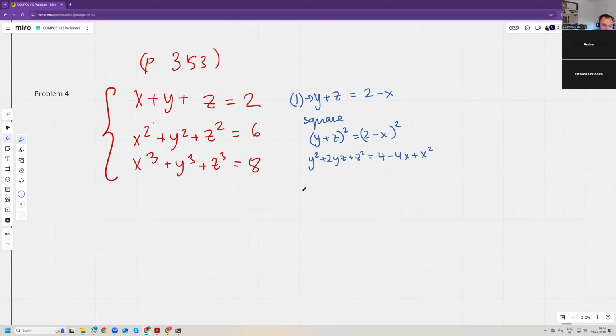Now from the second equation, we see that y squared plus z squared equals 6 minus x squared. We can sub that into this one. So that becomes 6 minus x squared plus 2yz equals 4 minus 4x plus x squared.